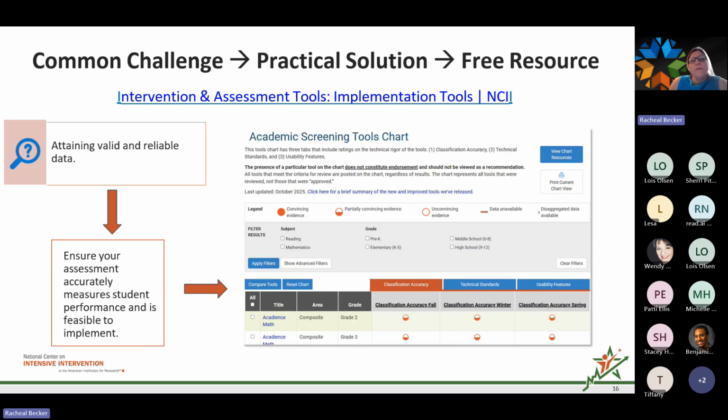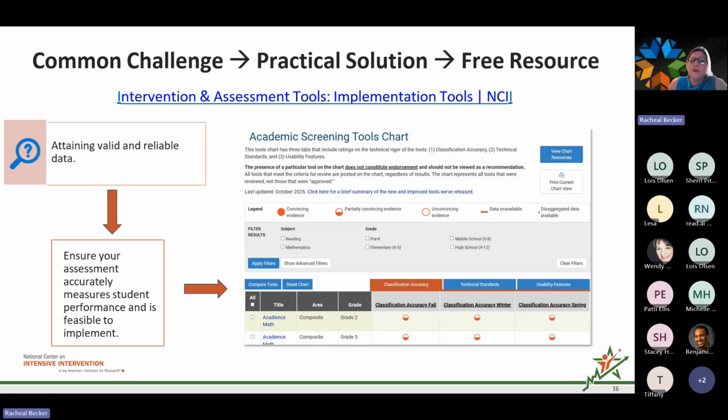So another common barrier is collecting data that isn't truly valid or reliable. This can happen when administration conditions vary or when tools aren't used as intended. NCII has a great resource to help you select not only academic screening tools, but this particular link actually links to screening tools, progress monitoring measures, as well as intervention tools.